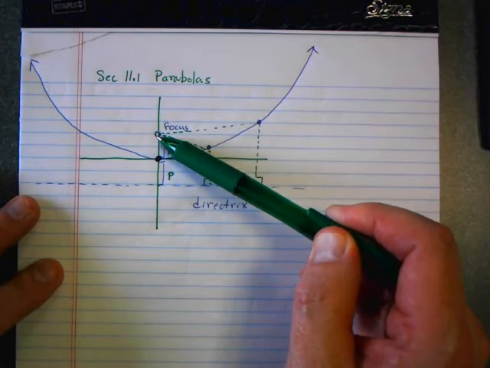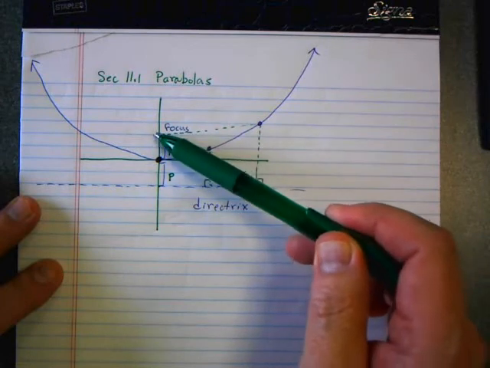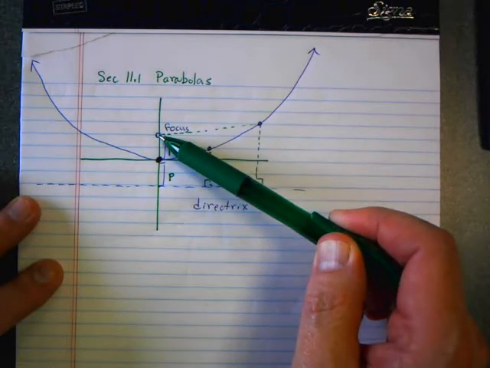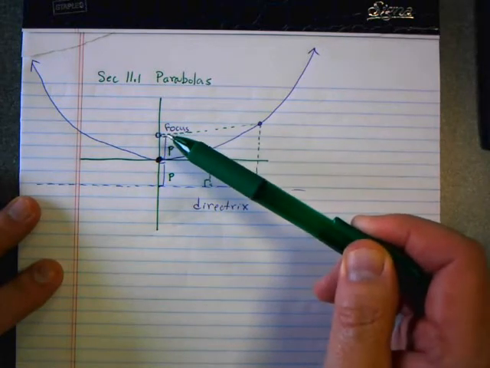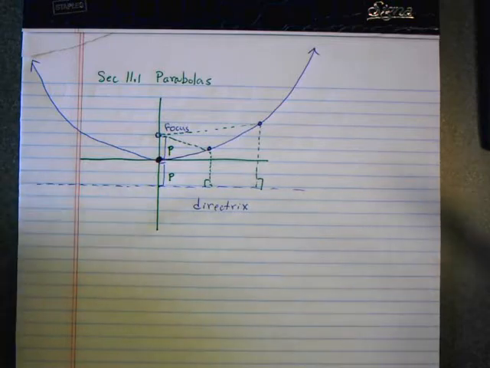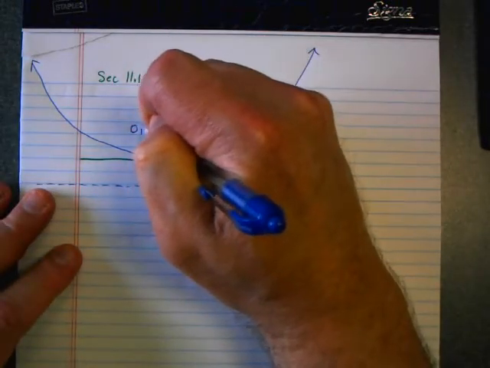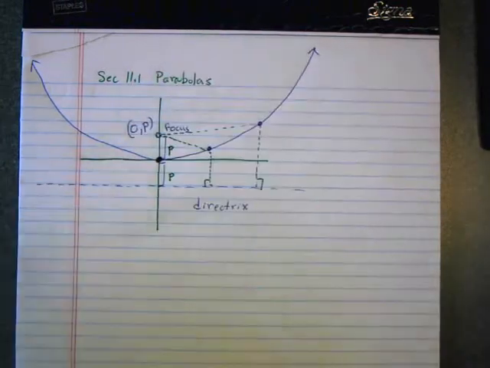What's the x value and the y value? X is 0. Why is x 0? Because it's right on the axis. And the y value is what? Not 2. P, whatever that distance is. So this point right here, this focus, is the point (0, P).